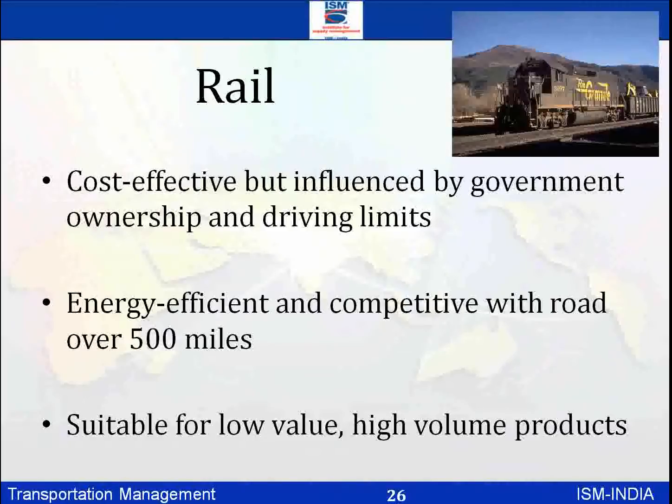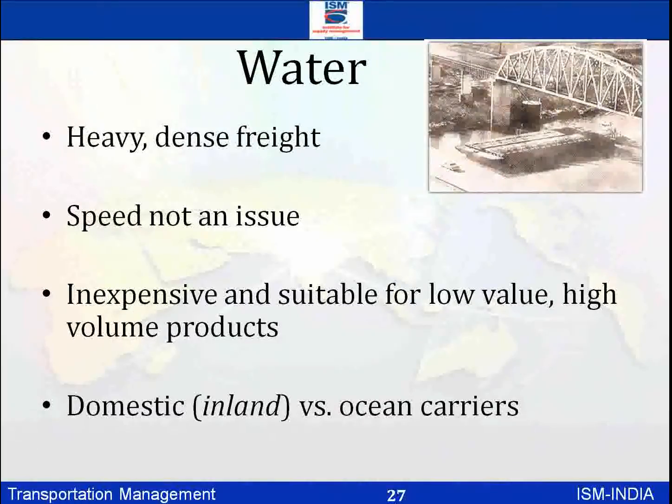Rail is another mode of transportation, very cost effective. And in some countries, this is used a lot. It is being promoted from the environmental angle also. If you want to cut down carbon footprints, I think this is the way to go. So we expect in India this one to become the number one priority in the years to come.